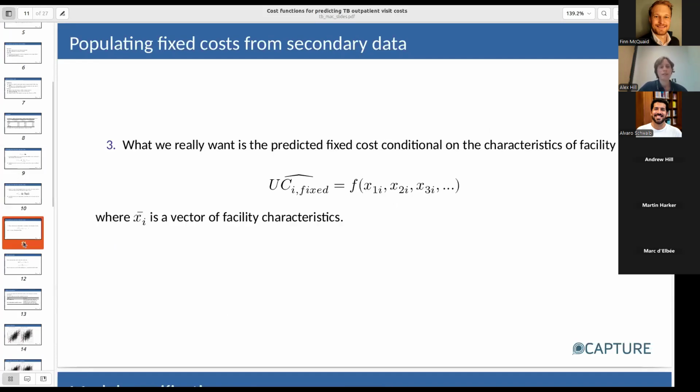And then finally, what we're really after is the predicted fixed cost of a visit in a facility, conditional on the specifics of that facility, right? So some arbitrary function of facility characteristics, which might include scale and might include other features as well. But now we're back at the empirical or econometric approach, right?